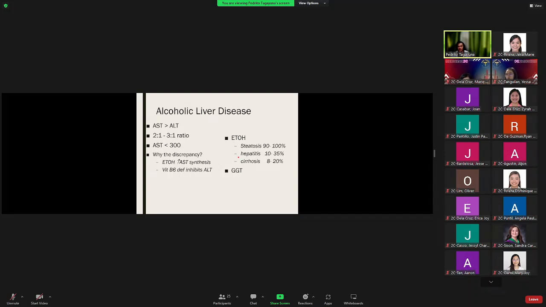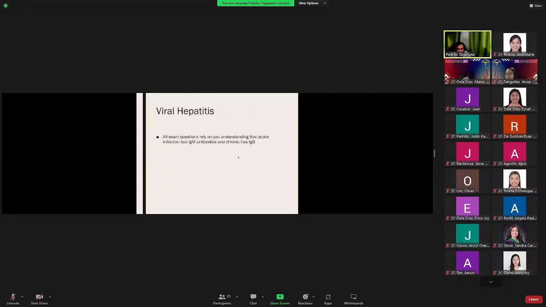That's why ALT becomes lower even more, and your AST becoming higher even more. So that's why the ratio there is like that. So these are the levels of your AST in the various diseases.